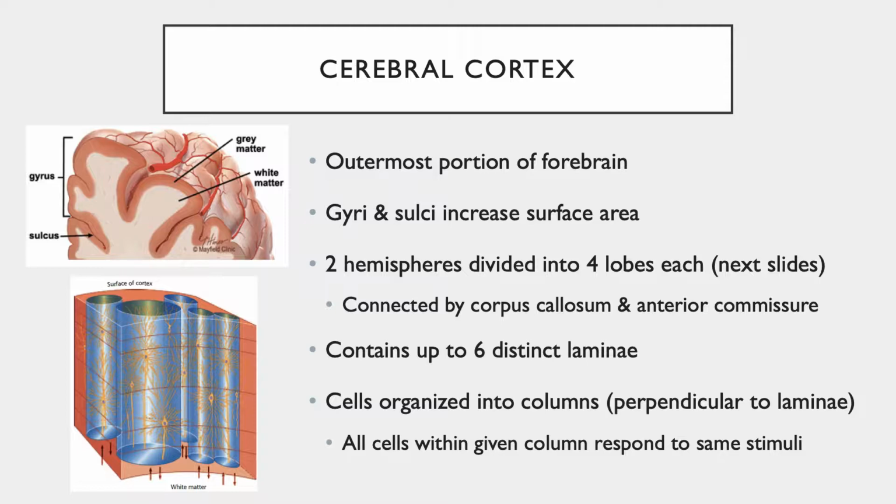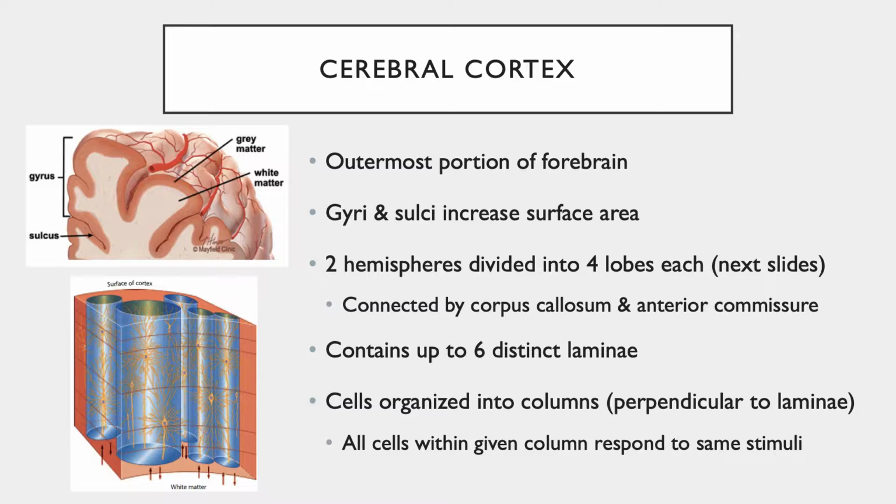The cerebral cortex contains up to 6 distinct laminae, which are those layers of cell bodies that are parallel to the surface of the cortex, and that are separated from each other by layers of fibers. Cells are organized into columns that again are perpendicular to the laminae. Columns are not really straight up and down, though it does look much simpler to view them that way.